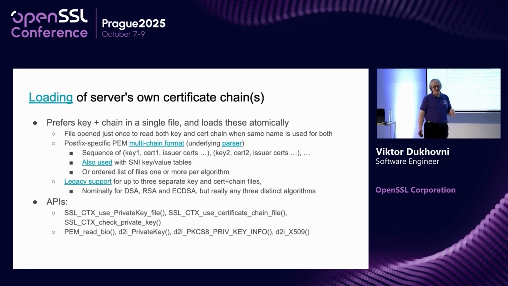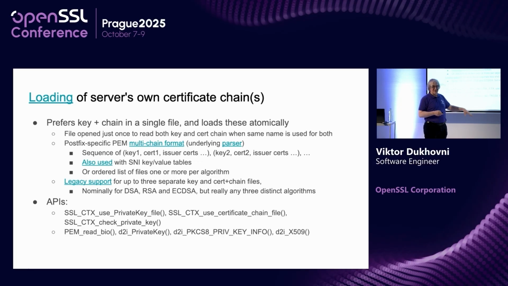What's nice about this code is that it's atomic. It avoids race conditions. If you put your key and cert in the same file and do it right, then during key rollover, you're reading only either the file with the previous key and cert or the file with the new key and cert. You'll never read the key from one file that might be old and the cert from a new file that might be new and then be briefly misconfigured because you happen to start your server at exactly the wrong moment during key rollover.